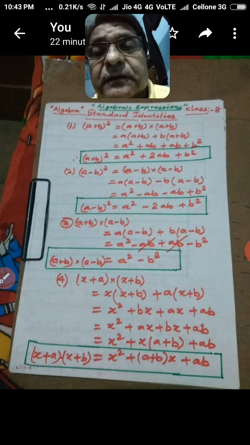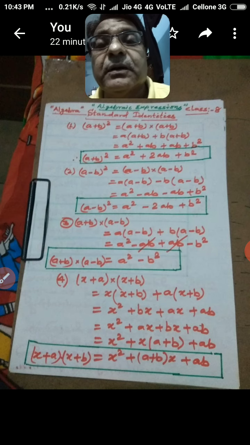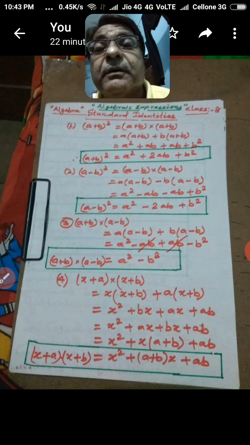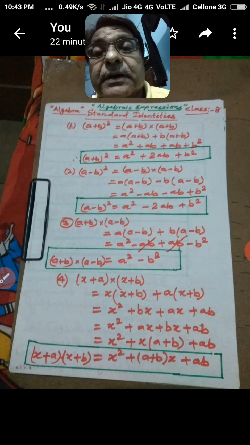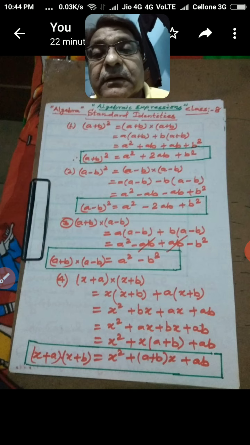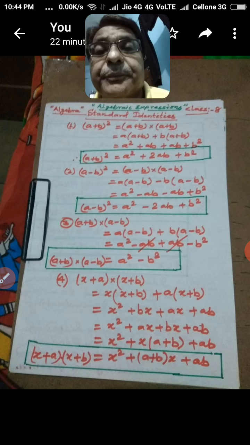You are 8th class students, so quite naturally you have the knowledge of natural numbers, then whole numbers, you have got ideas about integers, and now you are well familiar with rational numbers. So up to rational numbers you know.